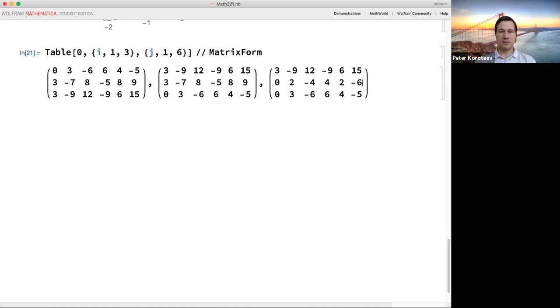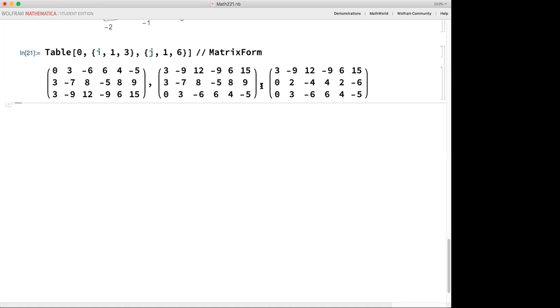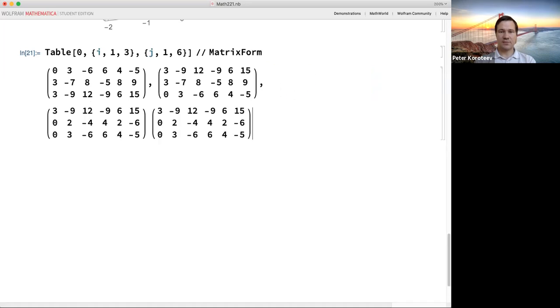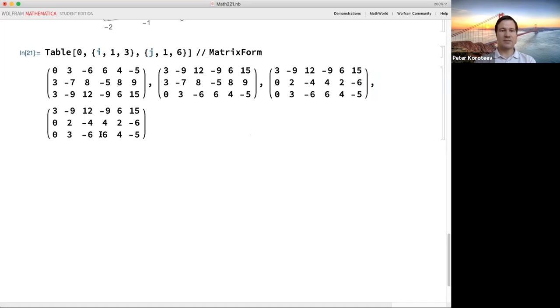Now the next pivot position is this 2. We can make an immediate simplification. In the second row, all numbers are even, so we can just divide them by 2. That will make things easier. Now let's get rid of the entry in the third row.